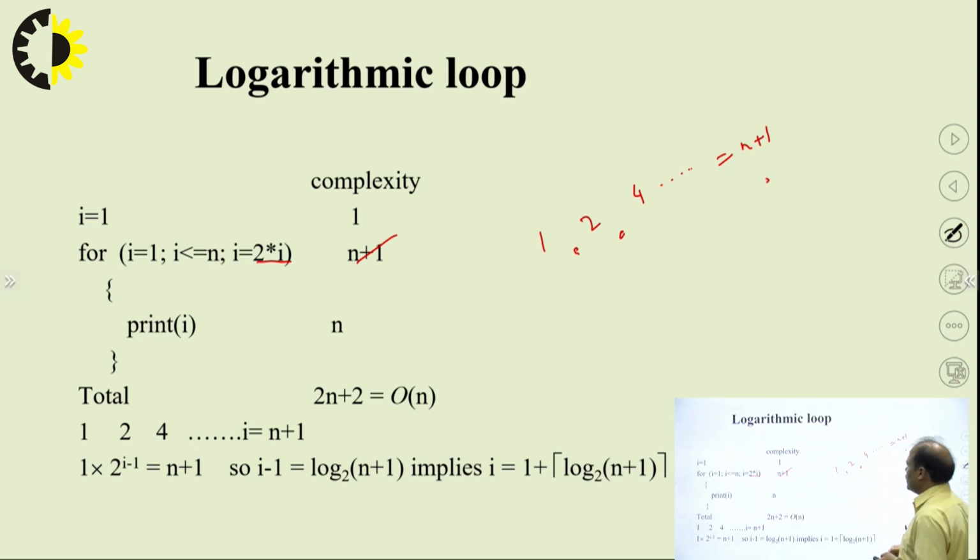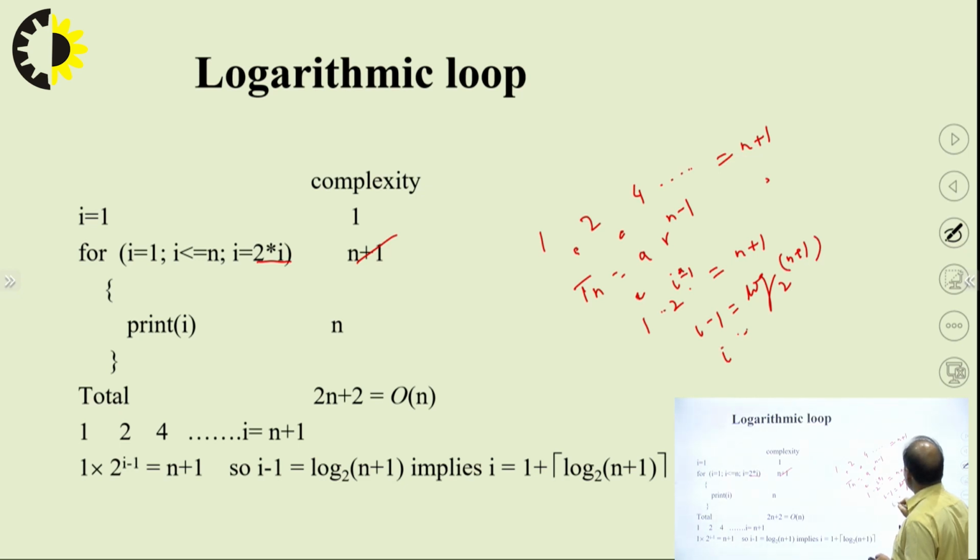This is a GP, a geometric progression, where the nth term is given by a times r to the power n minus 1. Here a is 1 and the common ratio is 2, and we are interested in the ith term. So i minus 1 is equal to log of n plus 1 base 2. Therefore i is log of n plus 1 base 2.